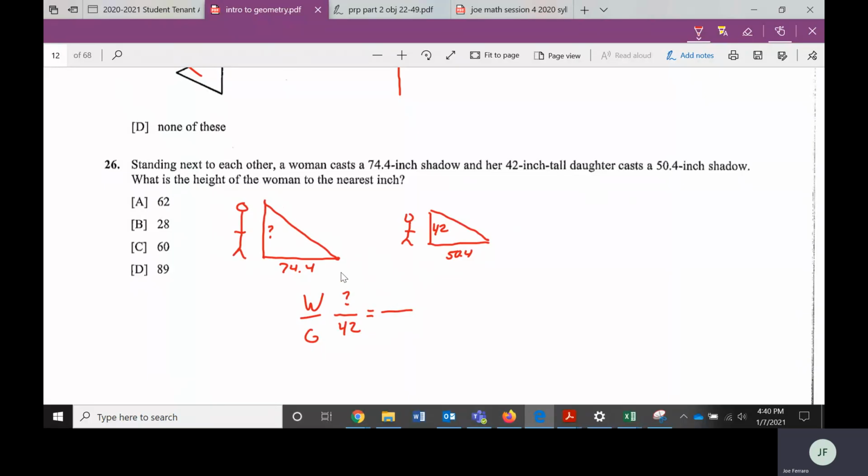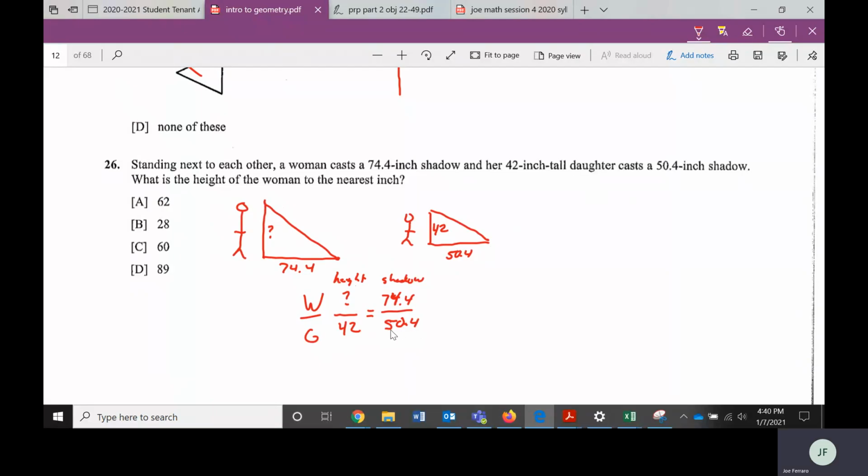Now we can match up the shadow. So again, if you needed to, you could write, this is height, this is the shadow length. So the shadow of the woman we know is 74.4, and the shadow of the girl is 50.4.